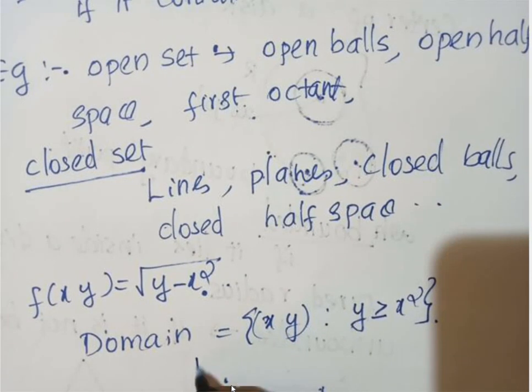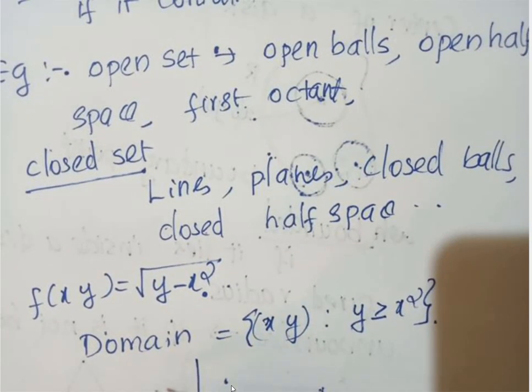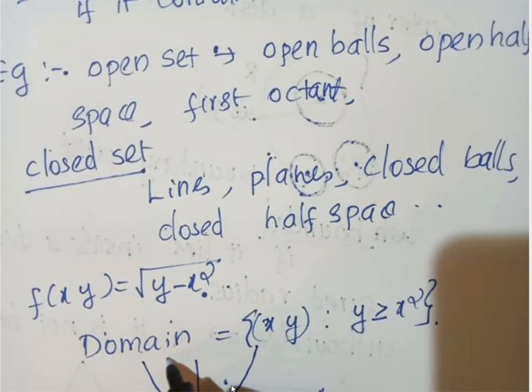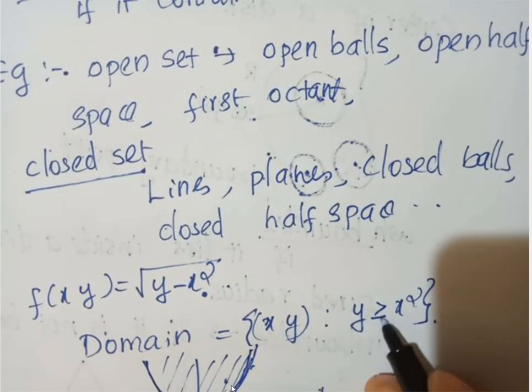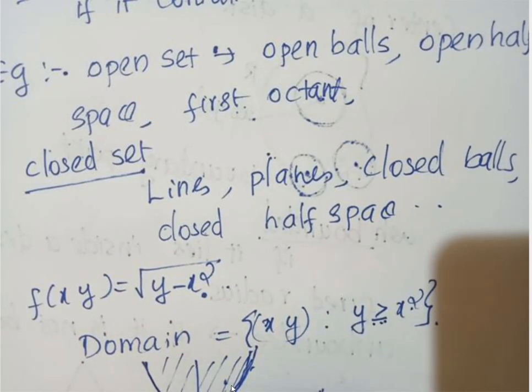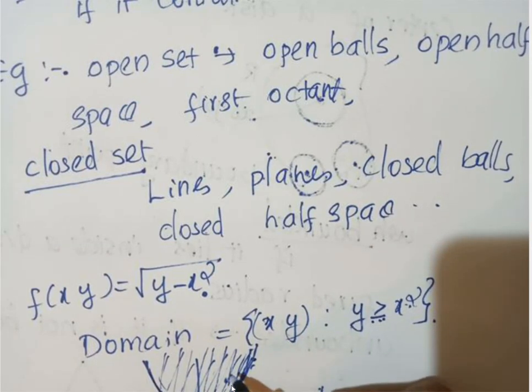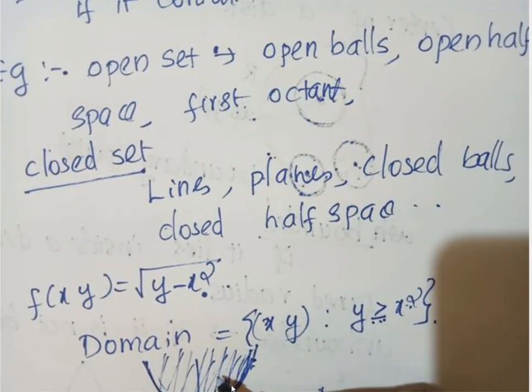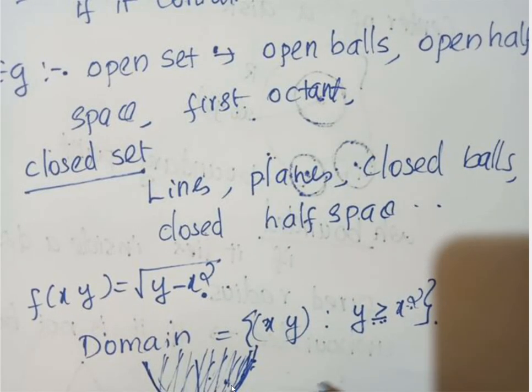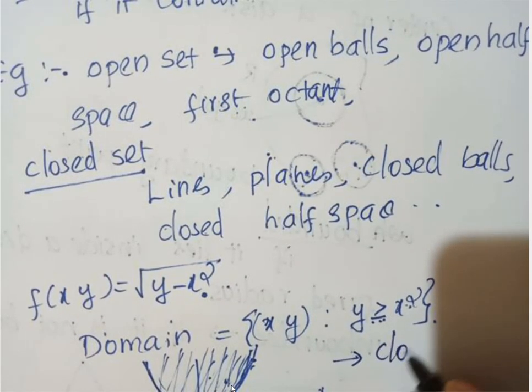That means the boundary is y equals x squared, and y greater than x squared is the points lying here. So this is boundary points plus interior points, so the domain is said to be closed.